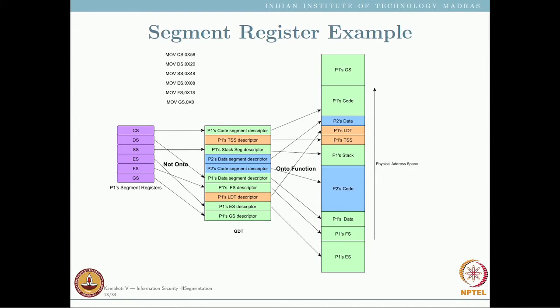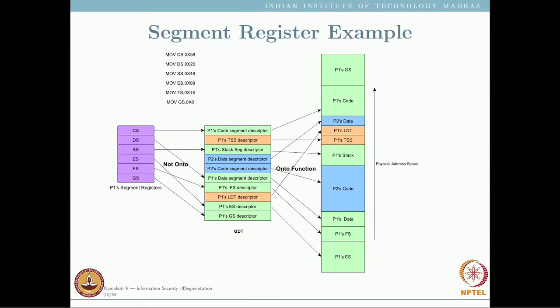Similarly, move ES comma 0x08. 0x08 essentially stands for the first segment, so you now see that ES is taking P1's ES descriptor, that is the first descriptor from the bottom.